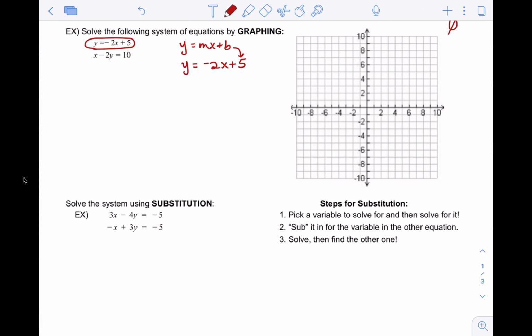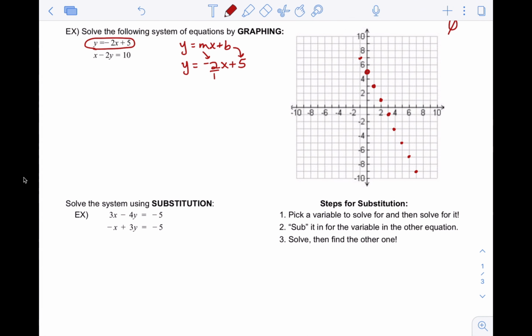You begin at the y-intercept, that's on the y-axis, at positive 5. You move with your slope. Remember, slope is rise over run. So if we're beginning at 5 and our slope is negative 2, we're going to travel down 2 and right 1 every time we go from a perfect point to the next perfect point on this line. You can keep going and draw an arrow at the end.